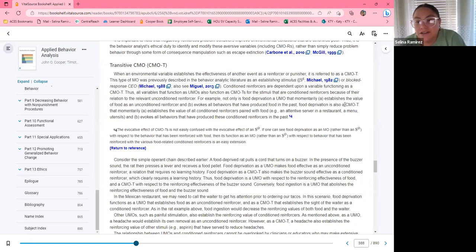Food deprivation is also a CMO-T that momentarily establishes the value of all conditioned reinforcers paired with food. An attentive server at a restaurant, a menu, utensils evoke all behaviors that have produced these conditioned reinforcers in the past.